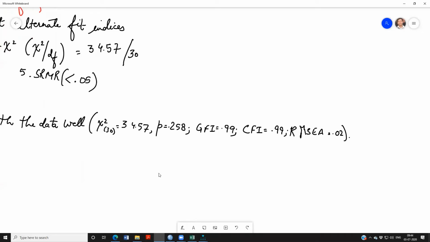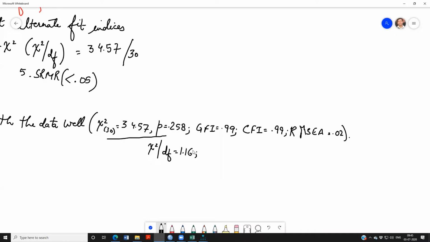So this is something that you should keep in mind. If this is not passing, then you will add one more index, which is chi-square by df, which in our case was 1.15. You can add it right away.